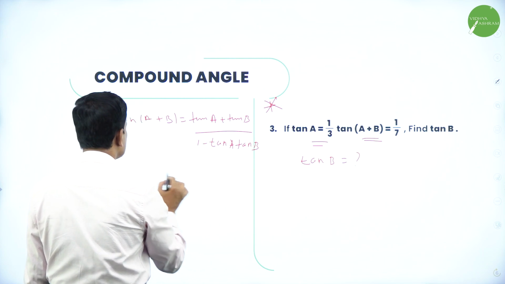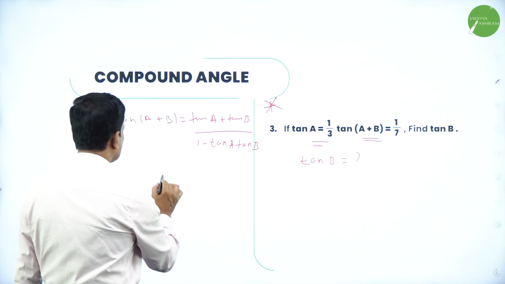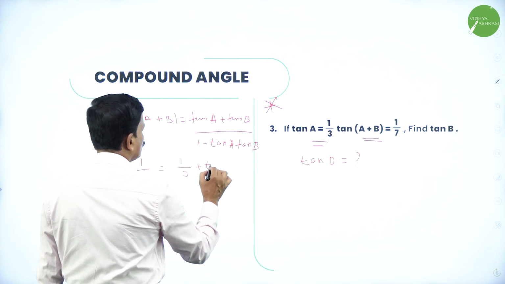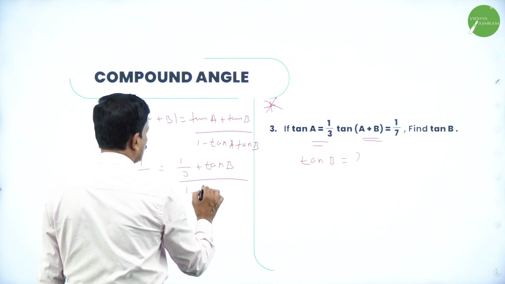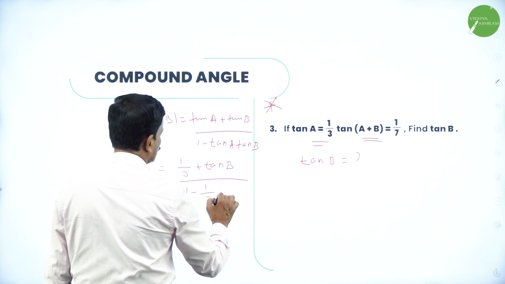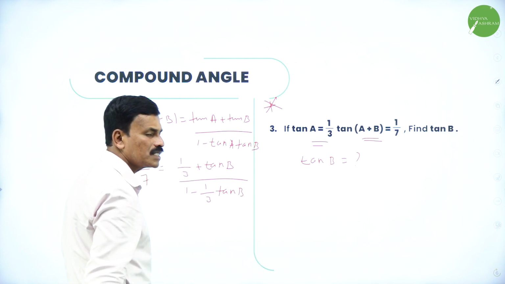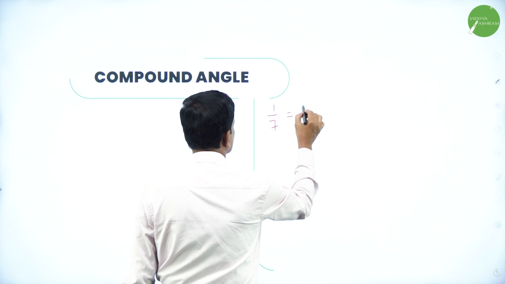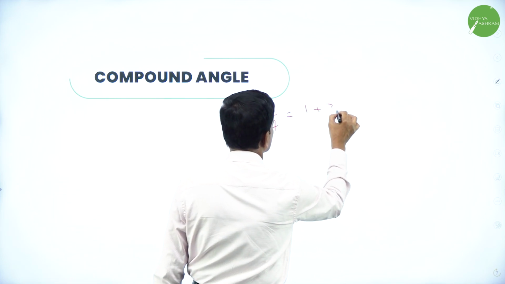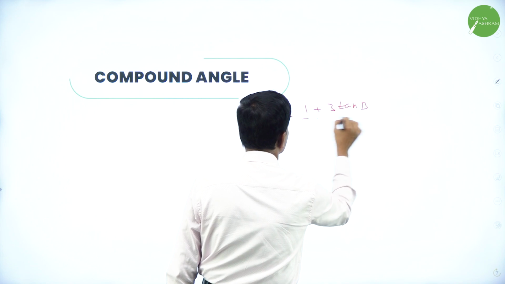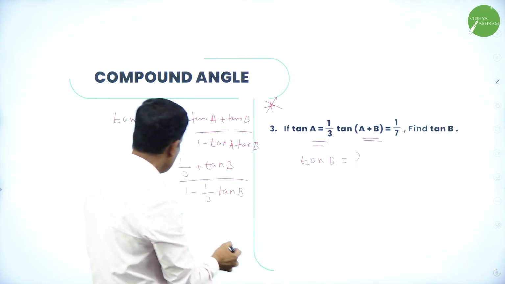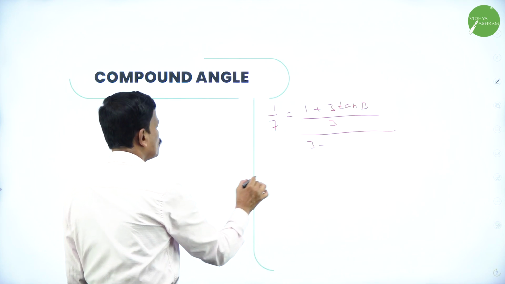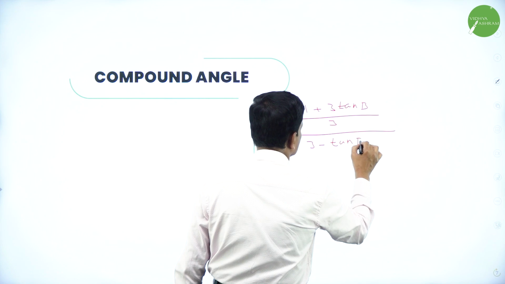Tan (A+B) is given, that is 1 by 7, is equal to, what is tan A? Tan A is equal to 1 by 3. We don't know tan B, so it stays as it is, divided by 1 minus 1 by 3 into tan B. Now take LCM and simplify. 1 over 7 is equal to, 3 is the LCM, (1 plus 3 tan B) divided by 3, whole divided by, again 3 is the LCM, (3 minus tan B) divided by 3.